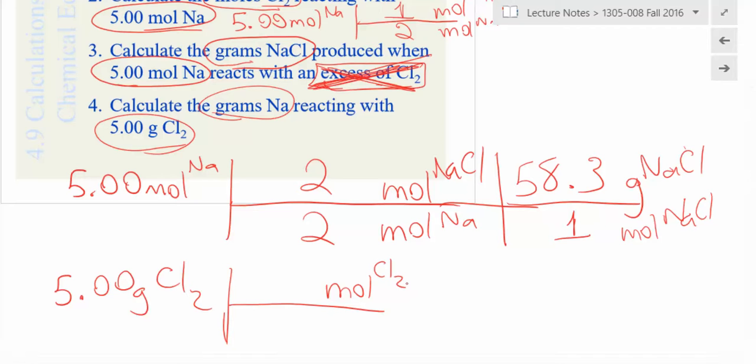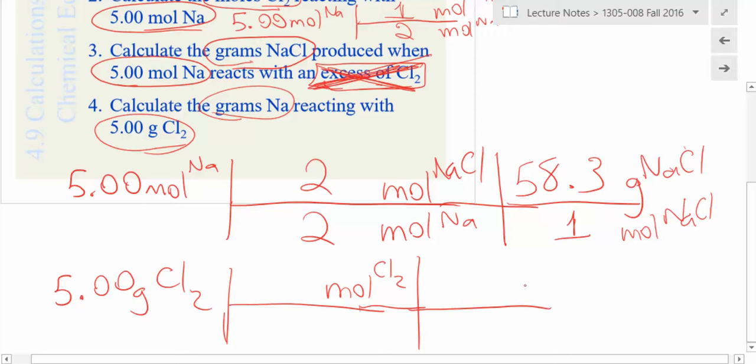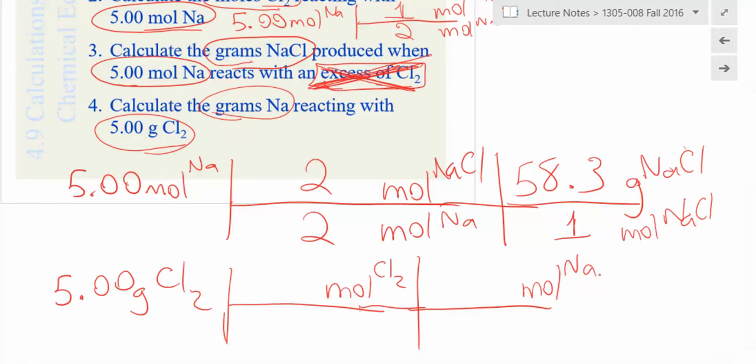Now I can do the stoichiometry. Now I can convert from Cl2 to the moles of sodium. That's the stoichiometry step. But I can't do it in grams. I have to do it in moles.